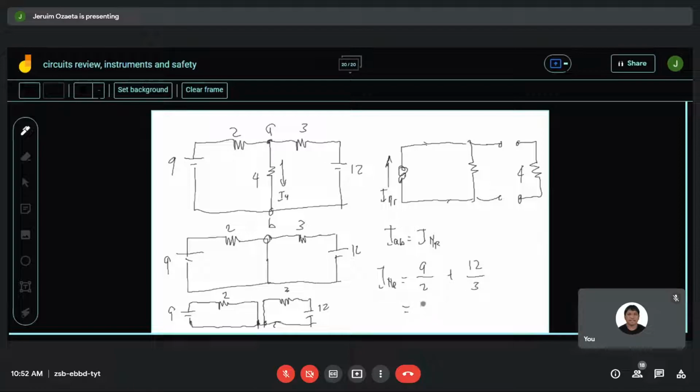So this is 4.5 plus 4. So you have 8.5 amperes. And what is now the equivalent resistance?